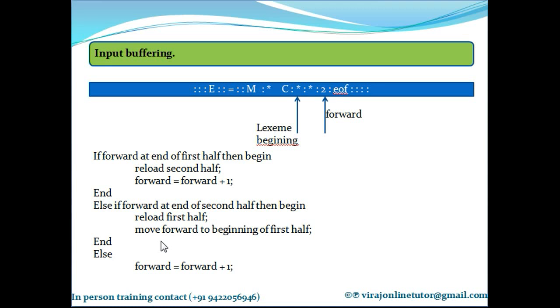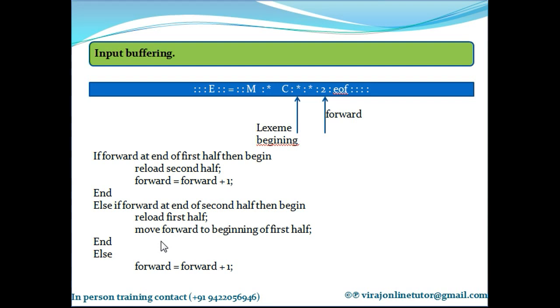So pattern is a set of rules which helps us in identifying to which category or token a particular lexeme belongs, right? That's all we learned in the last session, and now we are going to understand how this token identification is implemented internally.